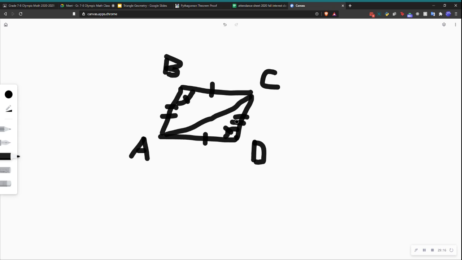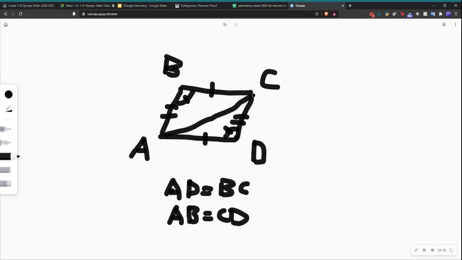AD is part of triangle ADC, and BC is part of triangle ABC. I'll write these down. We have AD equal to BC, and we also have AB equal to CD. These two were defined in the question.